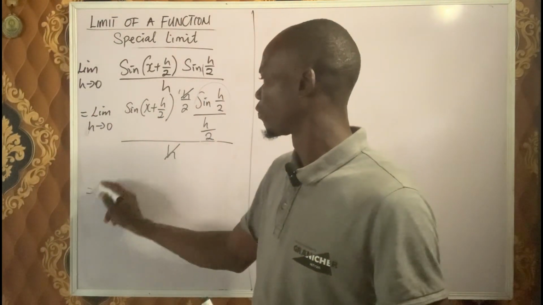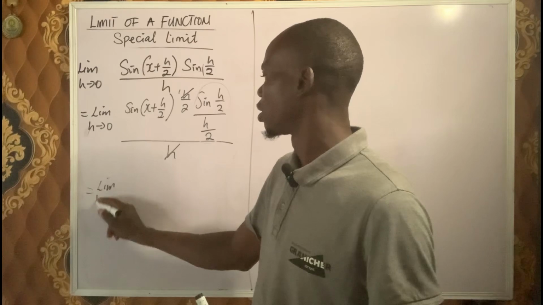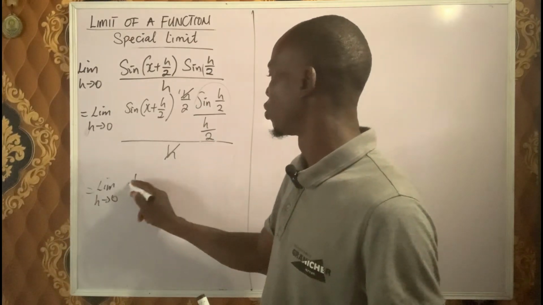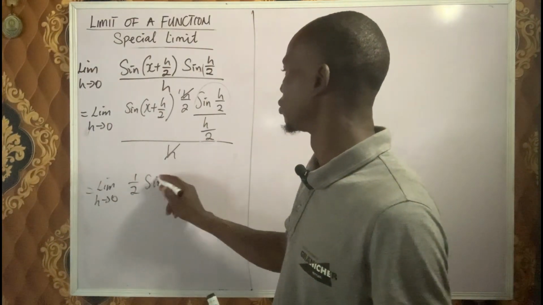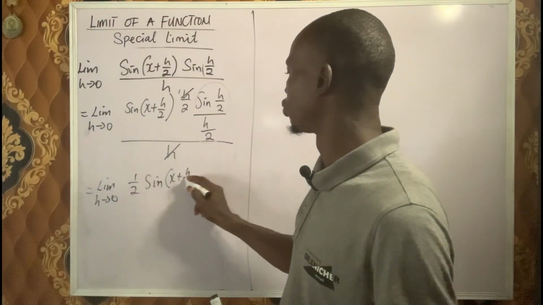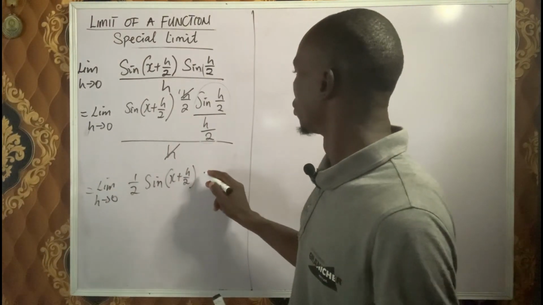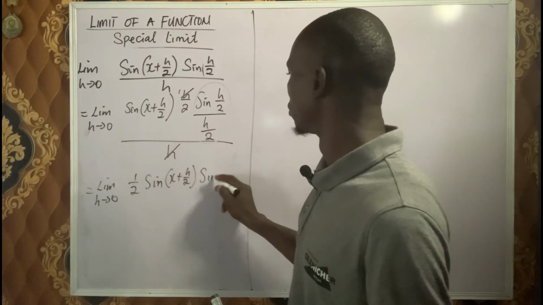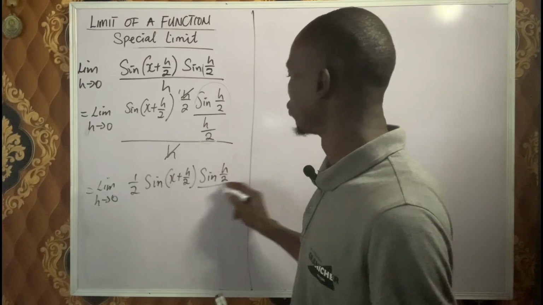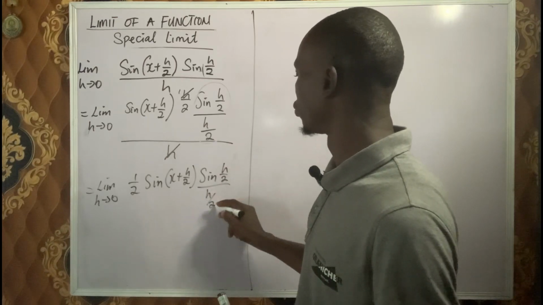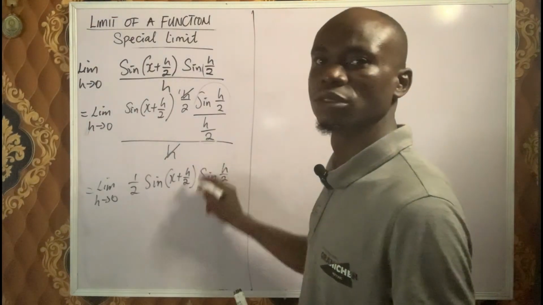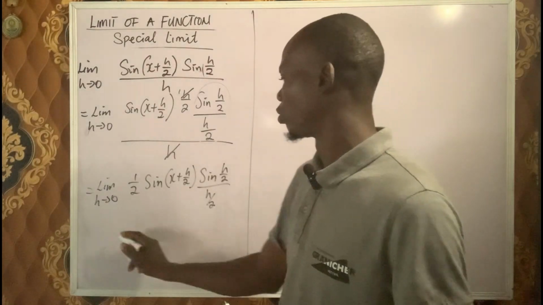We'll now have limit as h tends to 0, 1 over 2 sine x plus h over 2, then sine h over 2 over h over 2. Now this is a special limit. So all I need to do is to recall.